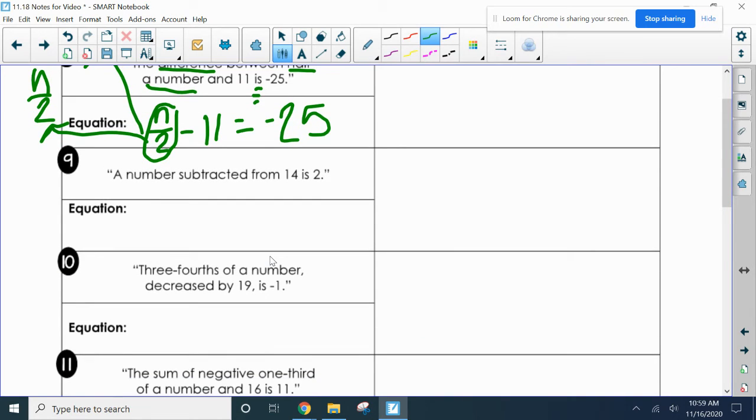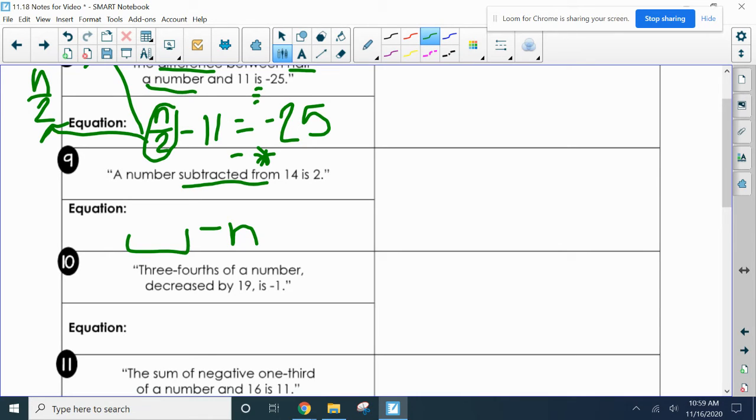Let's keep going. So I have a number subtracted from. We know this means subtraction. I'm going to put a star because subtracted from was one of our important ones that says, when it says a number subtracted from, it means that we're taking that number from something. And then it's going to tell me what it's taking it from.